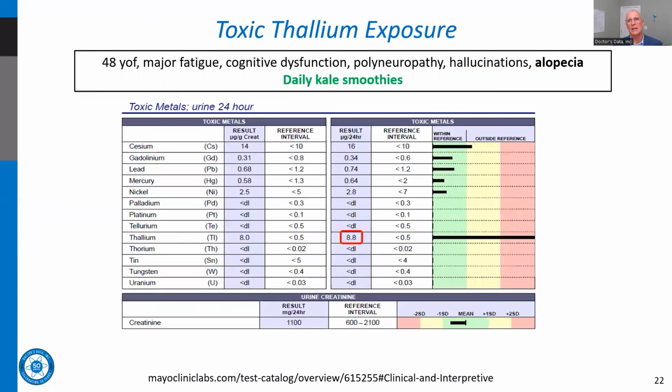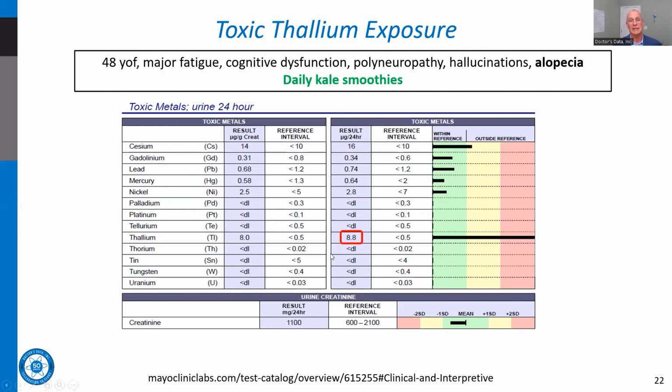Okay. Now, the very worst case of thallium toxicity that I've ever seen was a 48-year-old female who presented with major fatigue, cognitive dysfunction, polyneuropathy, also hallucinations, and alopecia. She was a daily kale smoothie person under the direction of her unknowing or underinformed clinician, who was beside herself when she found out what was going on here.